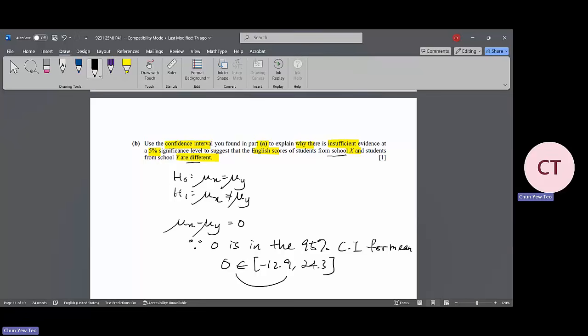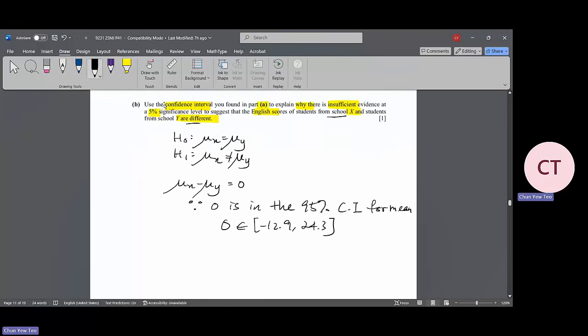Because 0 is inside here, that means you should not reject H0.